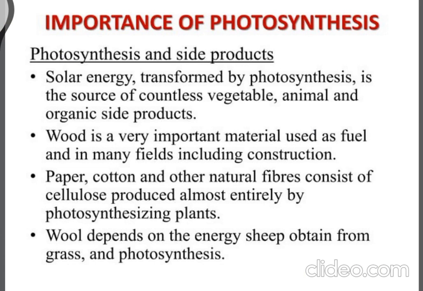Wood is a very important material used as fuel and in many fields including construction. Paper, cotton and other natural fibers consist of cellulose produced almost entirely by photosynthesizing plants. Wool depends on the energy sheep obtained from grass and photosynthesis.